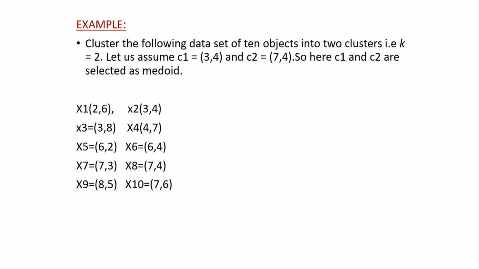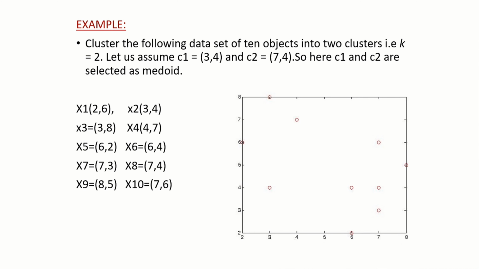Now when we plot, it will look something like this. (2,6) we have plotted on the graph, (3,4) again we have plotted, and (3,8), so it has been plotted successfully for all the objects. And we are assuming that C1 equal to (3,4) and C2 equal to (7,4) are selected as the medoids.